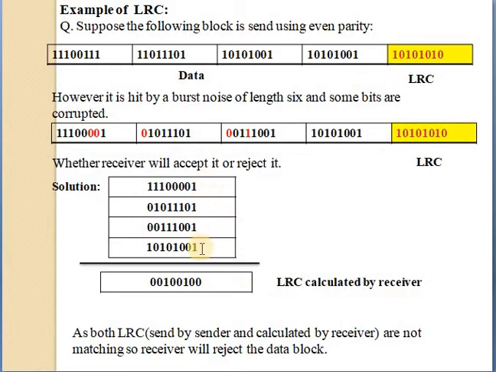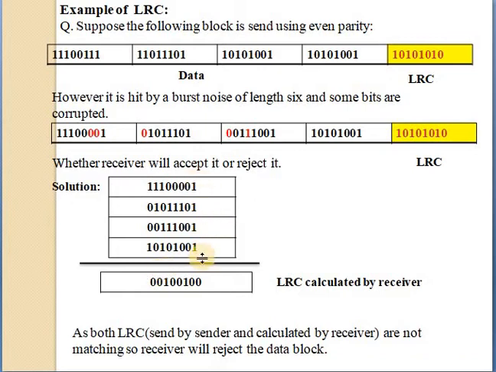Here the number of ones is 4, so we add a 0, meaning we use even parity. Again the number of ones is even, so we add a 0. Again the number of ones is 1, that is odd, so we add 1. Again the number of ones is 3, so we add a 1. Here the number of ones is 0.